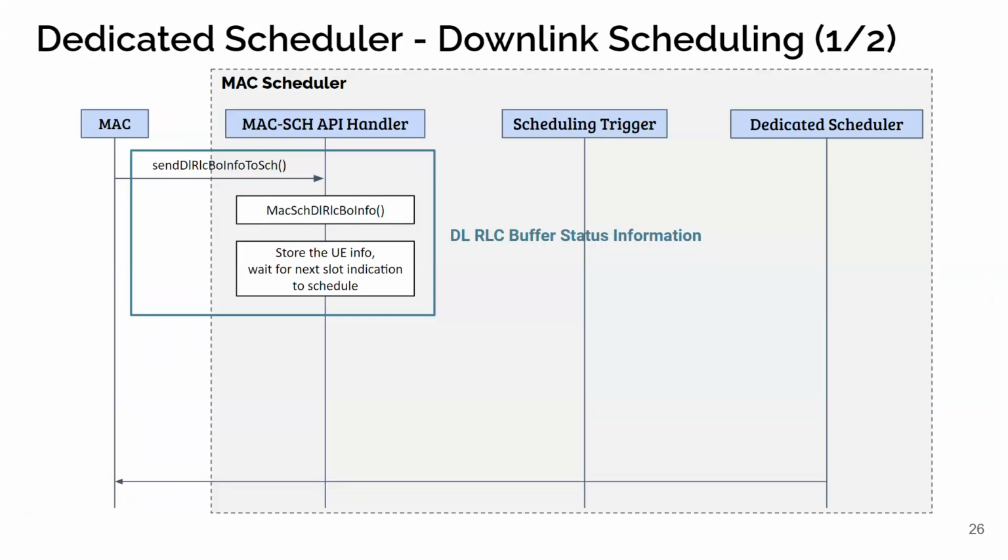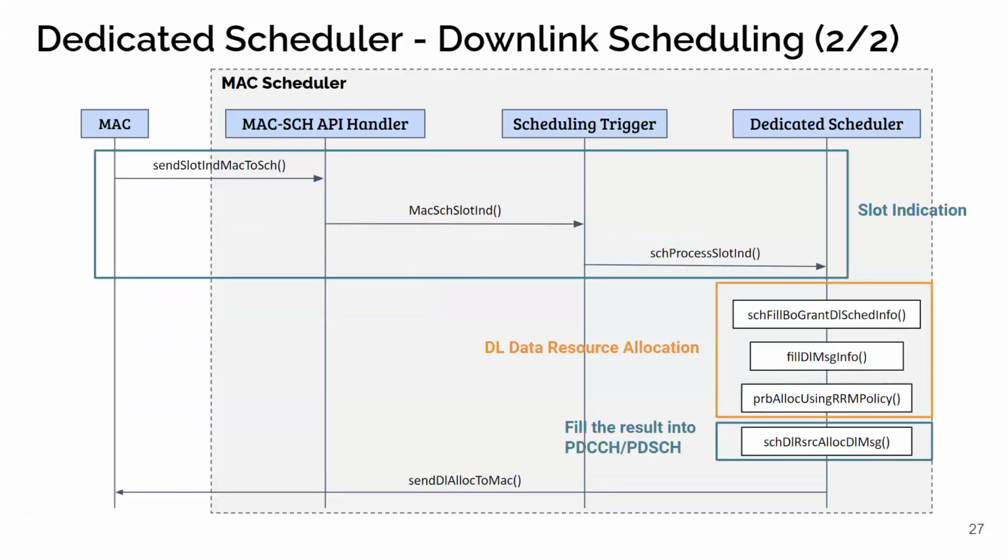And for the downlink scheduling, here is also the next slot indication. Then the scheduling trigger will trigger the dedicated scheduler to start scheduling the downlink data resource allocation. This includes the schedule field grant downlink schedule info.